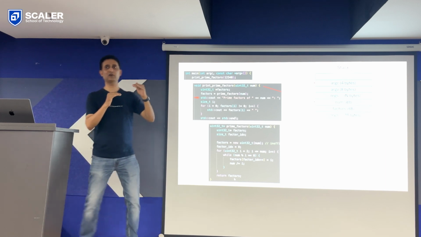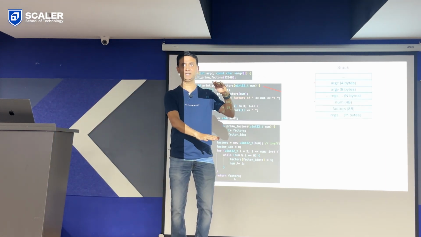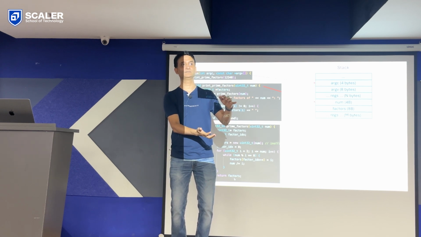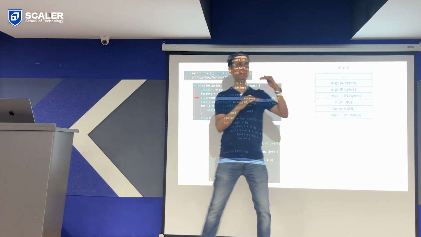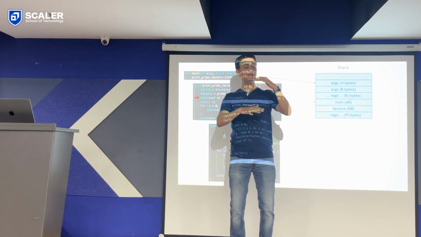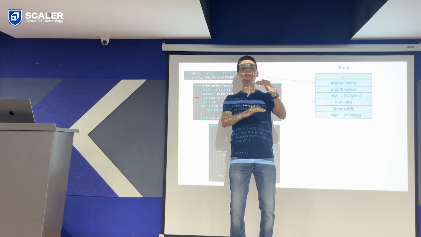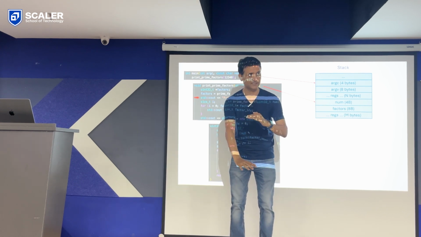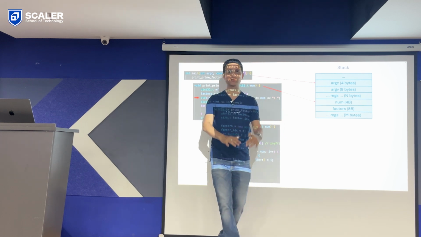So each function call pushes a new stack frame. And what is the size of the stack frame? The sum total of the size of all of its local variables. Okay? So main started with a stack called prime factors. So print prime factors ended up pushing its own stack frame onto the stack, which called prime factors. So that pushed its own stack frame on top of the stack. Okay?